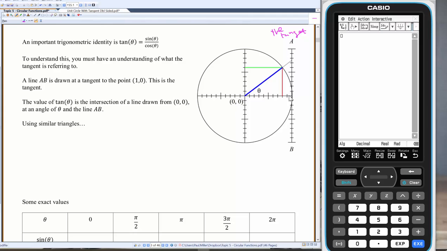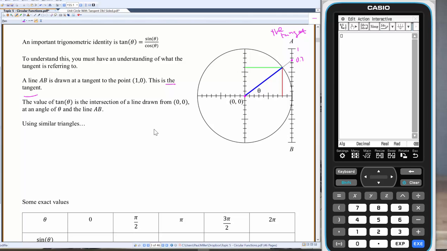The tangent, not a tangent, but the tangent. Now the value of tan is the intersection of a line drawn from the origin, 0, 0. So we draw that line, and the value of it will be where it hits this line here. That's the value of the tangent. Here it's roughly 0.7 if this is positive 1.